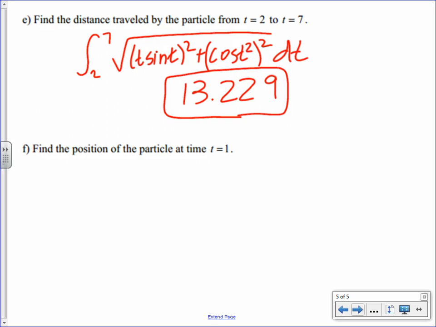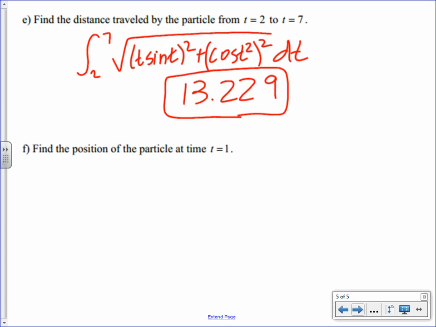Wait, what's the square root? Okay, are we getting that? Probably not. Here, should I ask? Thank you.